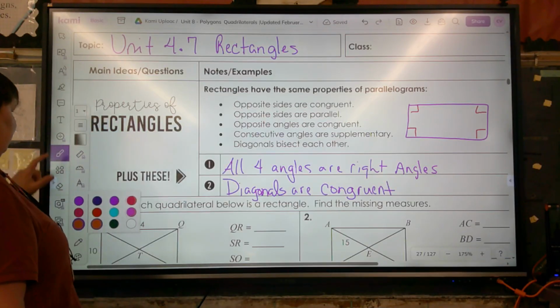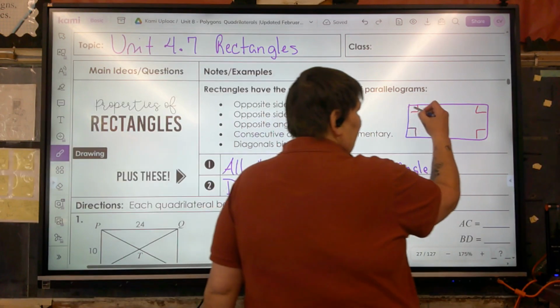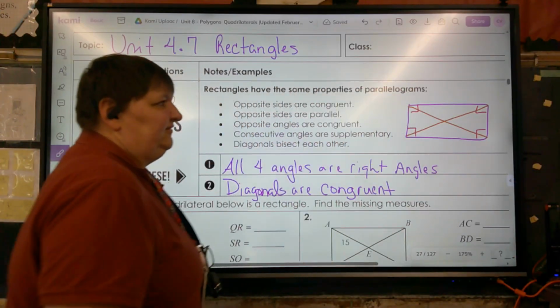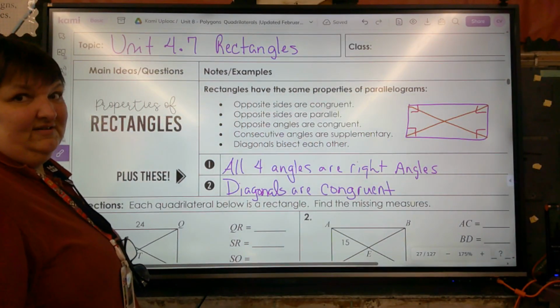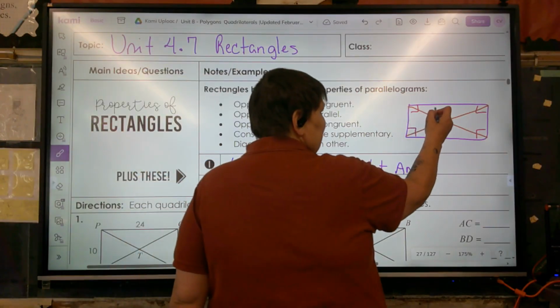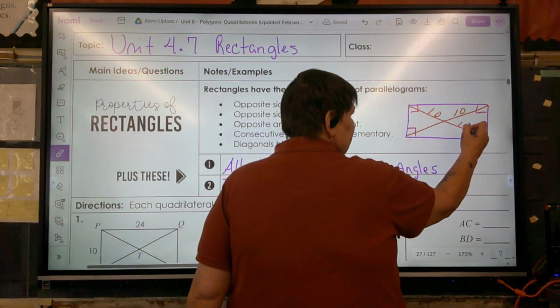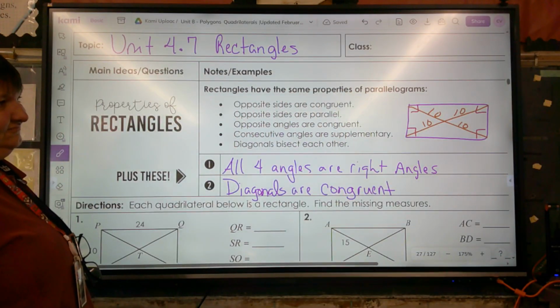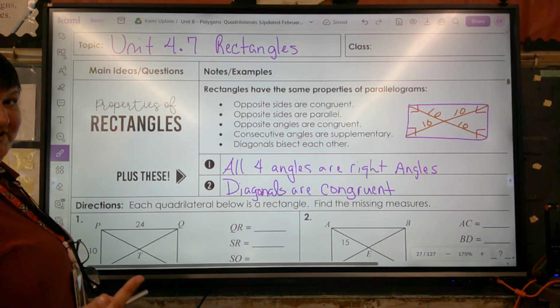If you draw 2 diagonal lines, if this is 10, this is 10, this is 10, this is 10. Diagonals are congruent. So you only need to know 1 to know all 4.